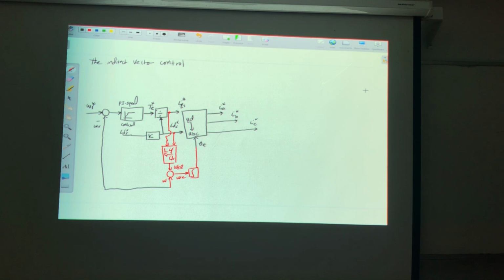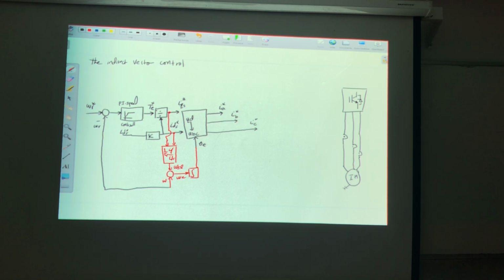So if this is the inverter, let's assume this is where I will measure the phase A, here the phase B, and here the phase C. Those terminals go to the induction machine.